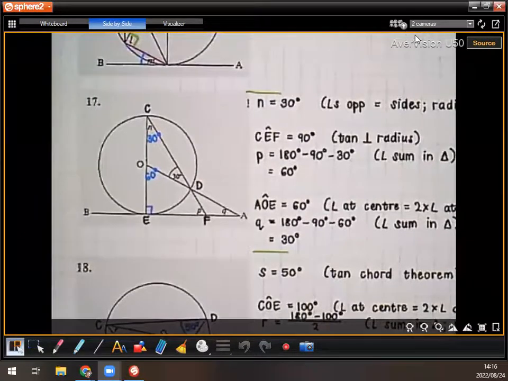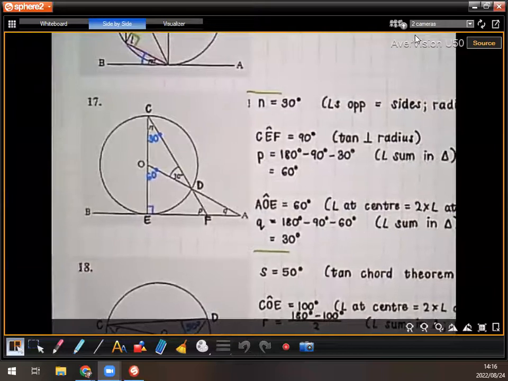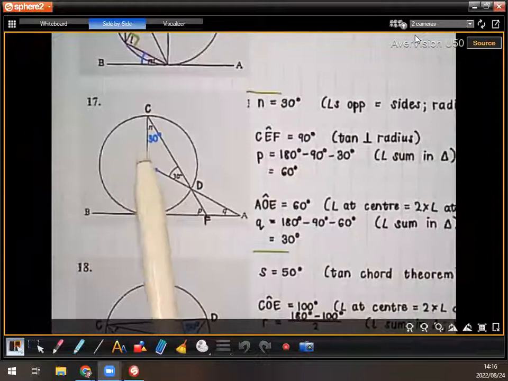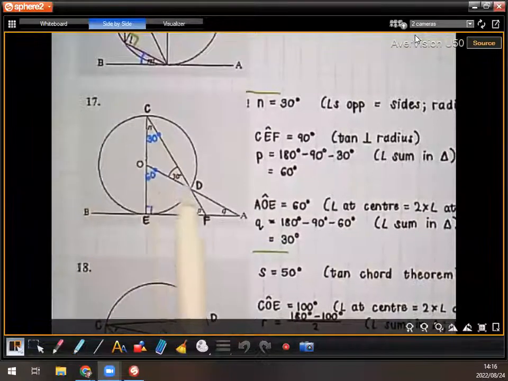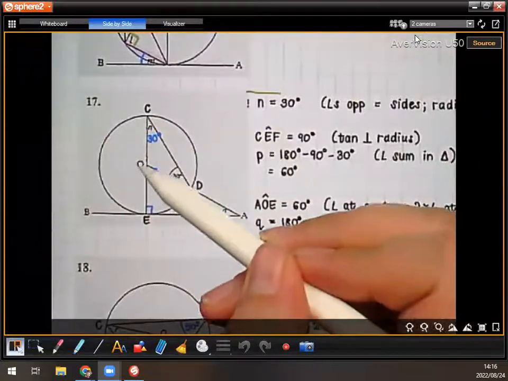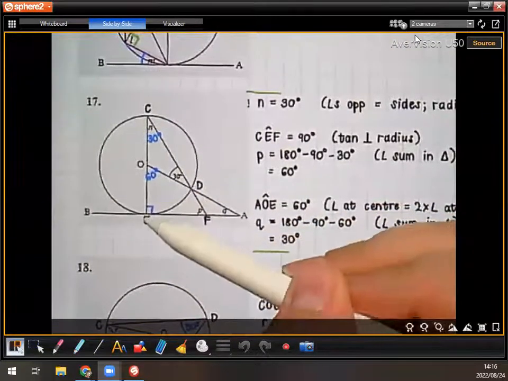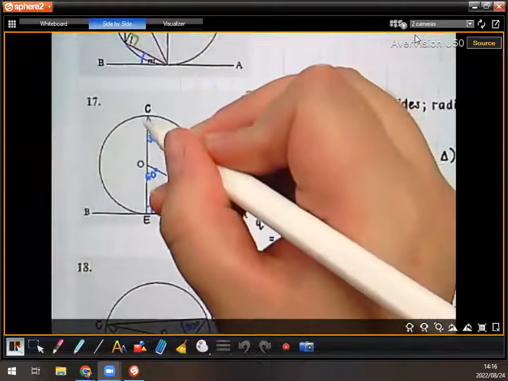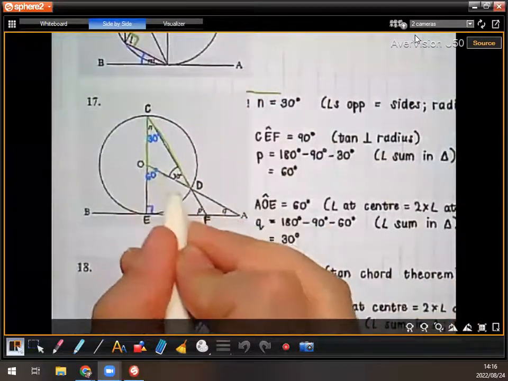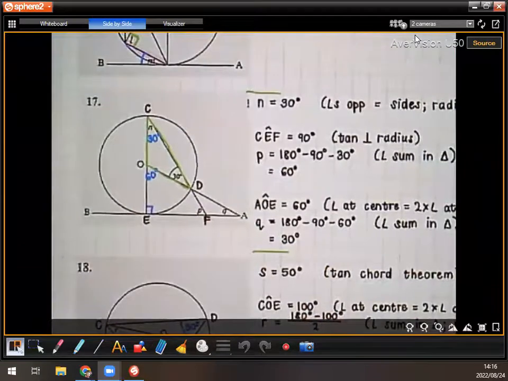There were lots of different triangles that you actually could have worked in. So if your layout was a bit different from mine, it's fine. To find n though, there was only one way to do that. And this one was a bit more difficult too. The only isosceles triangles that we have are like at the bottom of the circle, but here we actually had an isosceles triangle there. So OCD, that was actually an isosceles triangle.